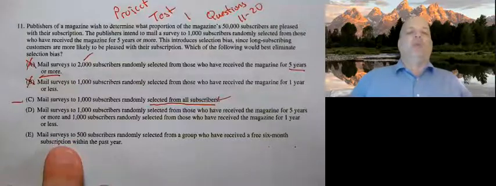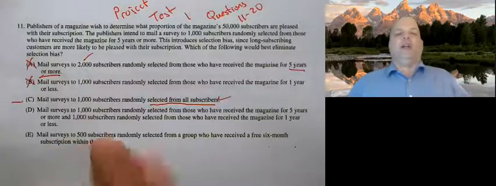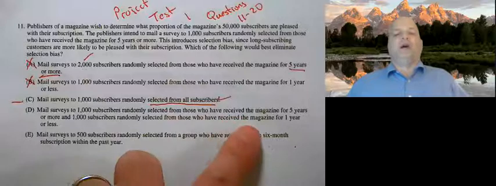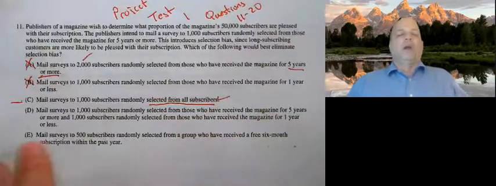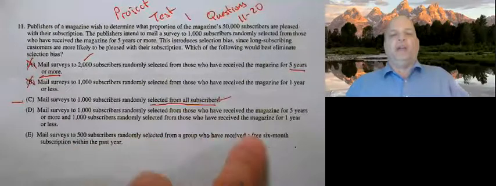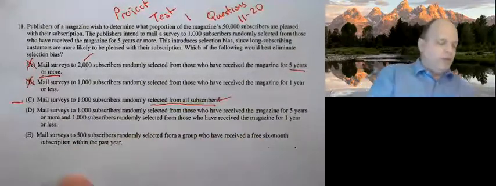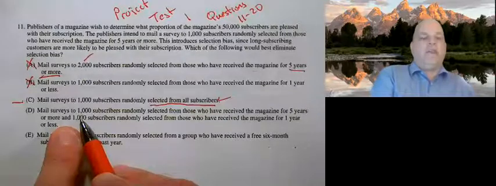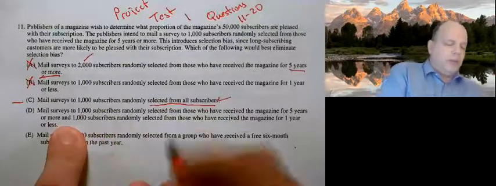Mail surveys to 1,000 subscribers randomly selected from those who received the magazine for 5 years or more, and 1,000 subscribers randomly selected from those who received the magazine for 1 year or less. Well, this sounds pretty good too, because I've actually increased my sample size.